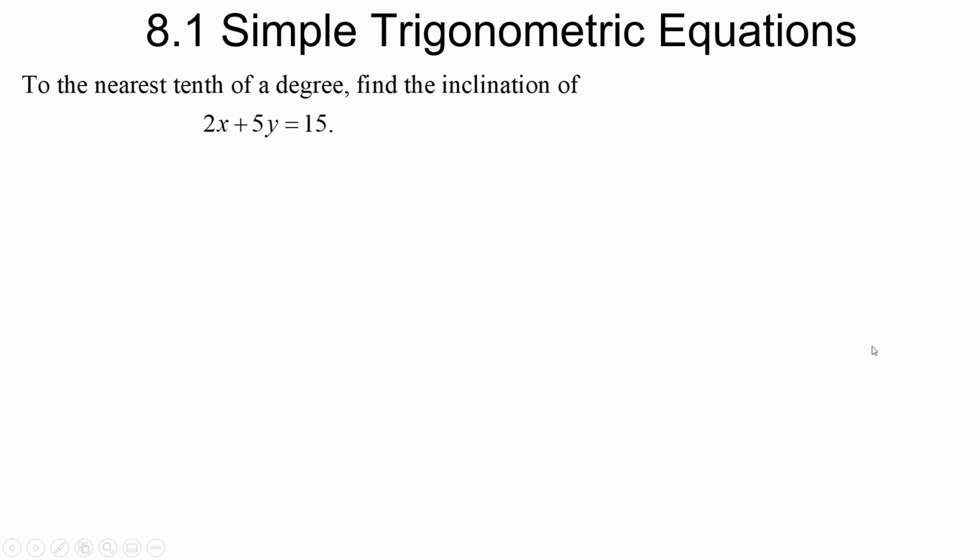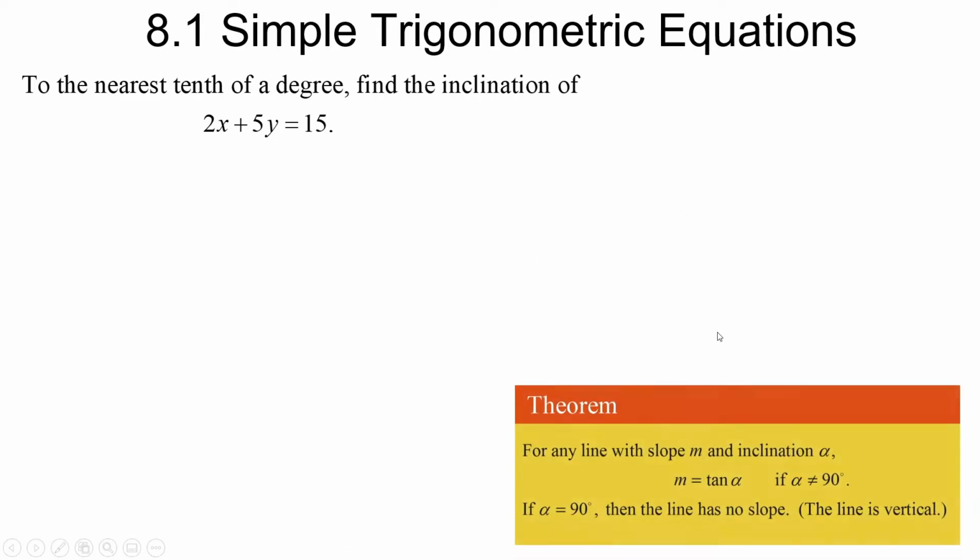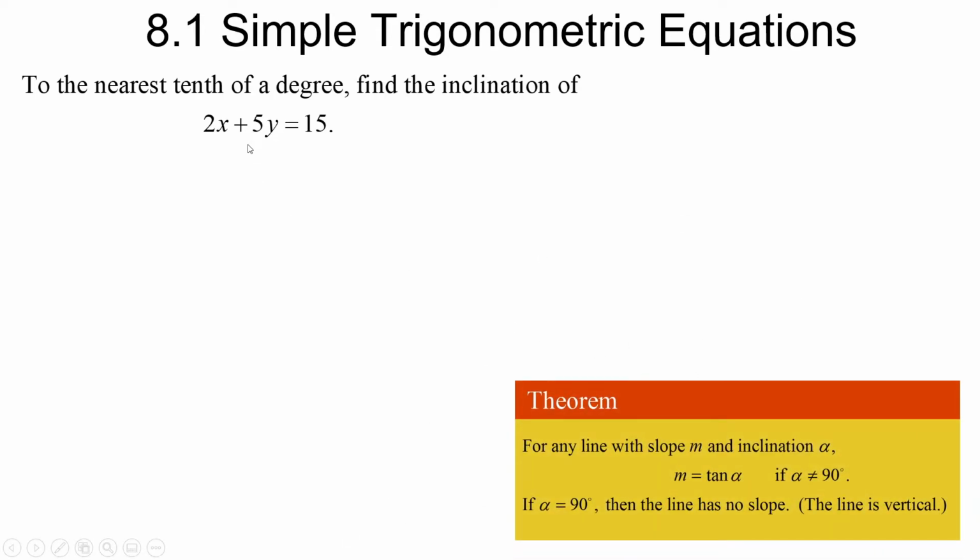Okay, so here's what these problems will look like then. To the nearest tenth of a degree, find the inclination of 2x plus 5y equals 15. So from our last theorem, we need slope. So what I would do is find the slope of this line that is in standard form right now. So how about we solve for y? So let's subtract the 2x from both sides to get 5y equals negative 2x plus 15.